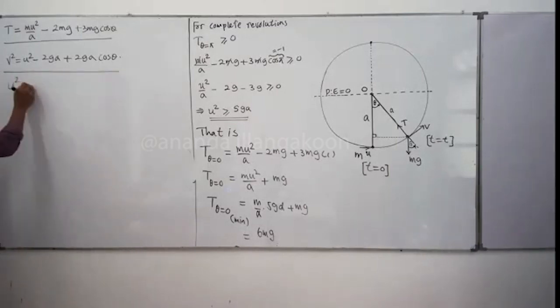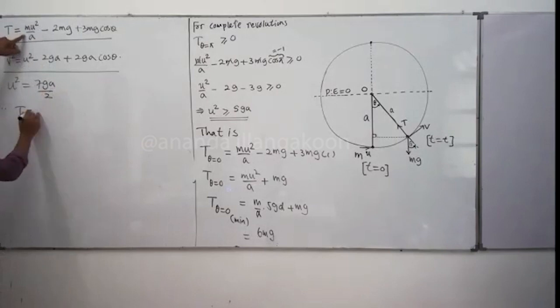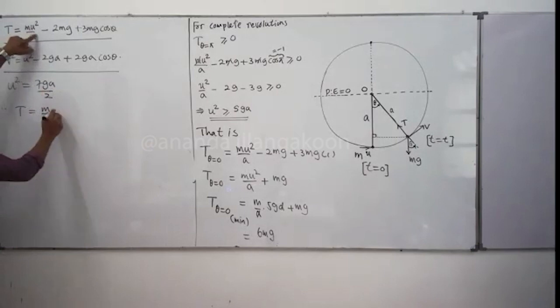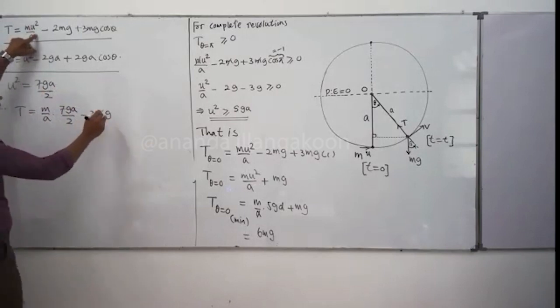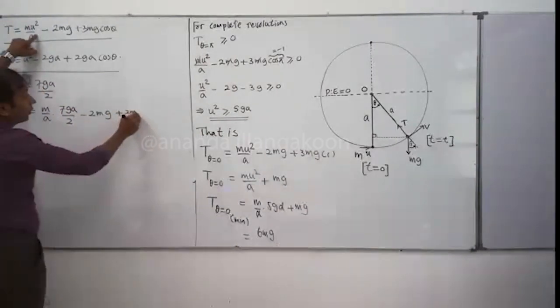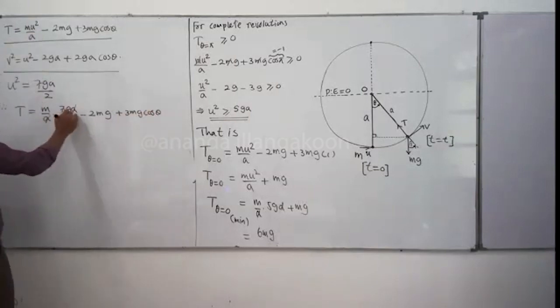U squared equals 7ga by 2. Then we can write T. Substitute for this u squared 7ga by 2. What is that? M upon A, u squared 7ga by 2, minus 2mg plus 3mg cos theta. This you can cancel.